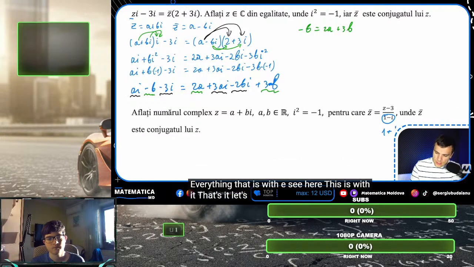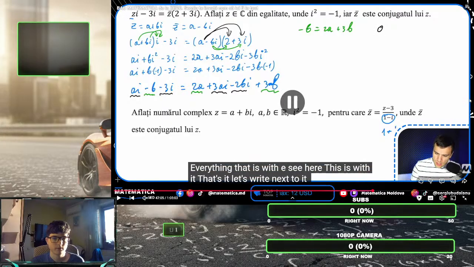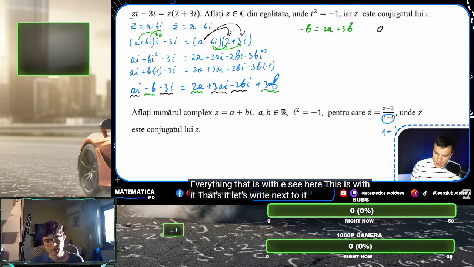Okay. So what you did now, I mean, it's just for explanation purposes. He just underlined the same terms. So the terms with the I with black and terms without the I with green.